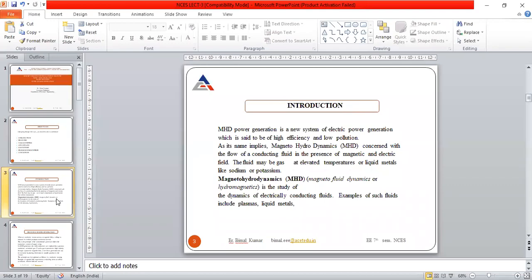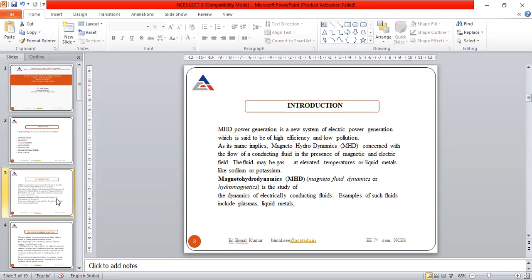So MHD power generation is a new system of electrical power generation which is said to be of high efficiency and low pollution. One thing which is very important: the efficiency of the MHD generator is approximately 50 to 52, 53%, not more than that, right?